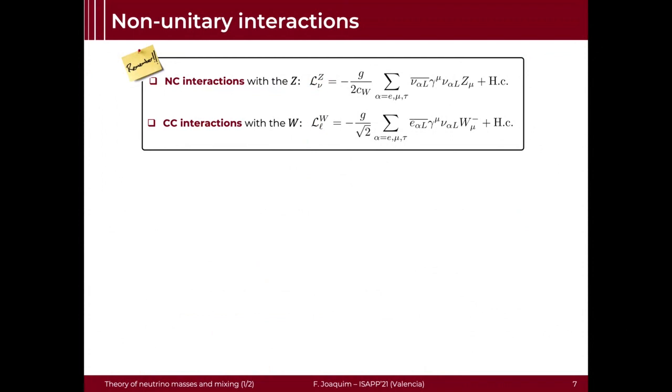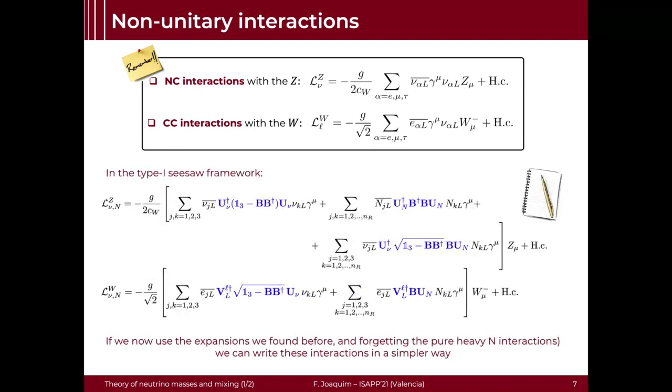Okay, so what about the neutral current and charged current interactions? How will they be in this case? So in the type 1 seesaw framework, and leaving only the first term in the expansions also in those B matrices, for the interactions with the Z boson, we have the following. So you see here that I have U nu dagger times the 3 by 3 identity matrix minus B B dagger times U nu.